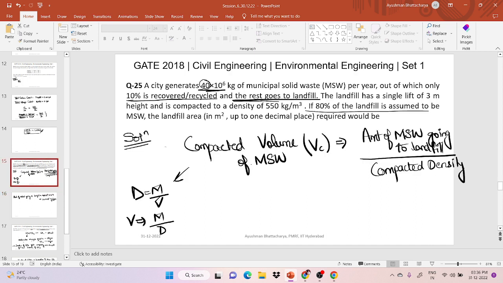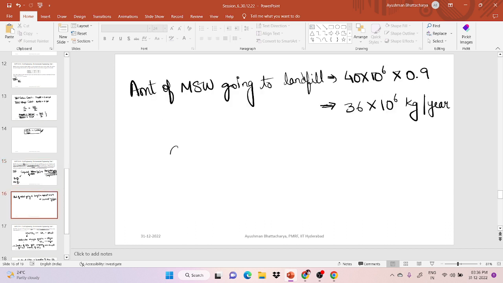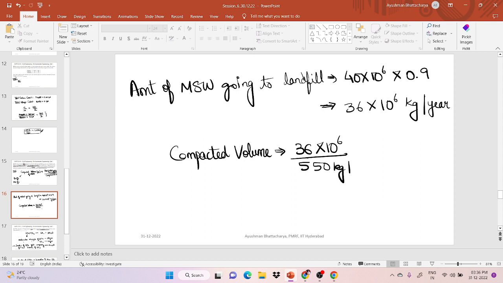So the compacted volume now will be, because we know that the compacted density is 550 kg per meter cube, 36 into 10 to the power 6 divided by 550, kg per year.